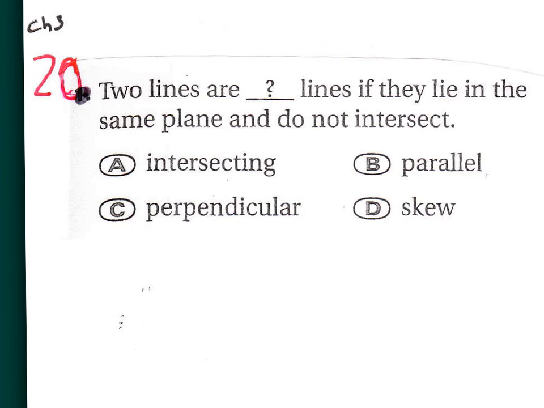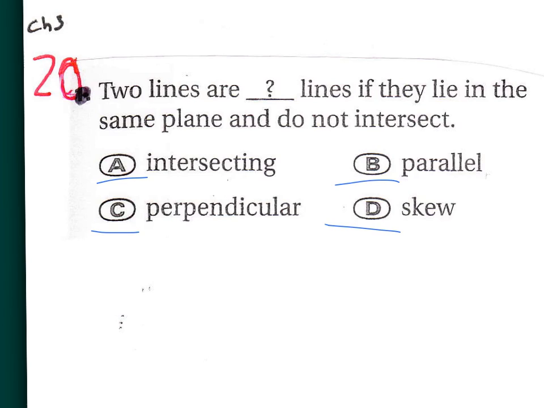Okay, number 20. You've got to fill in the blank here. Your choices are A, intersecting, B, parallel, C, perpendicular, or D, skew. So listen carefully. Two lines are blank lines if they lie in the same plane and do not intersect.